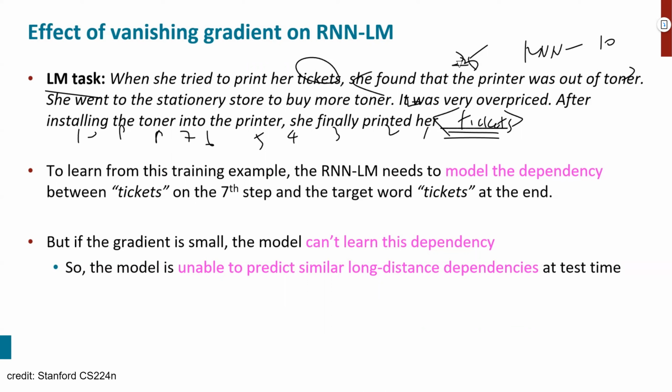In a 25 time step context, it's impossible. It's a very easy question, right? However, because our computational model, RNN, can consider only 10 time steps at a time, it cannot solve this easy problem. And it has to learn long distance dependencies, okay?